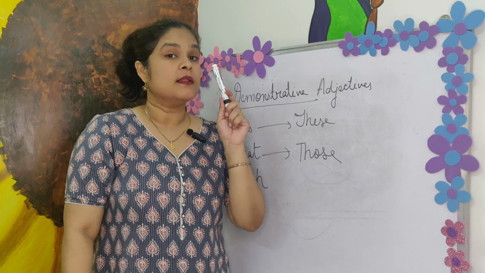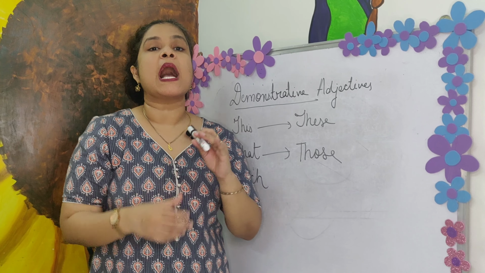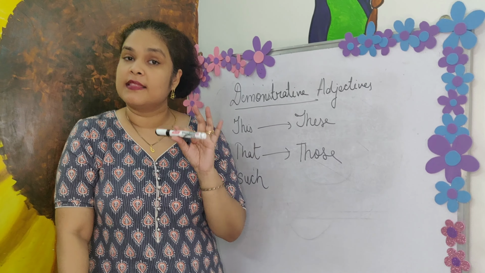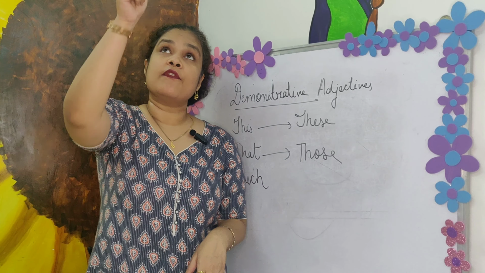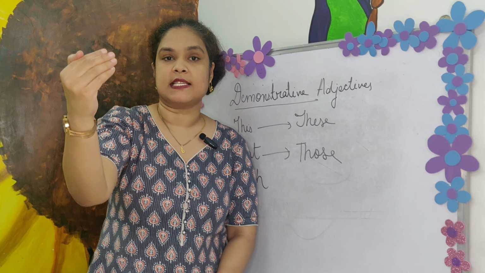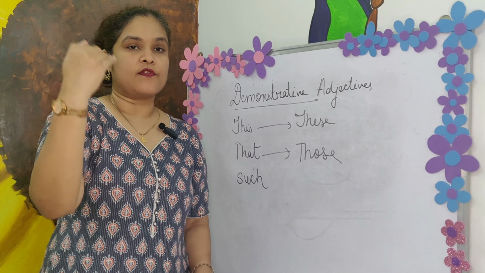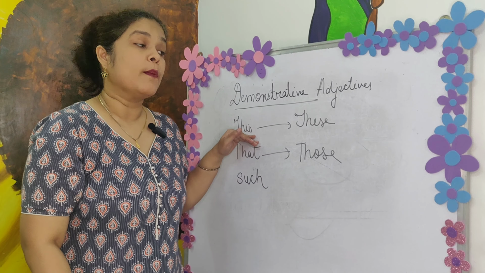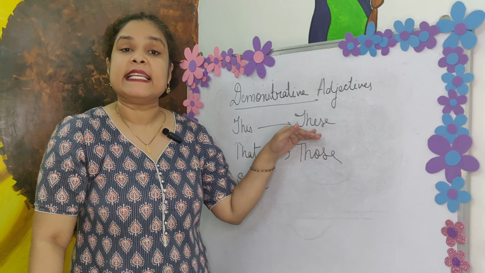For example, this is a pen. It's near to me, so I use the demonstrative word this. If I can see a fan, what do I say? That is a fan, because it is at a distance from me. So this in case of plural becomes these.